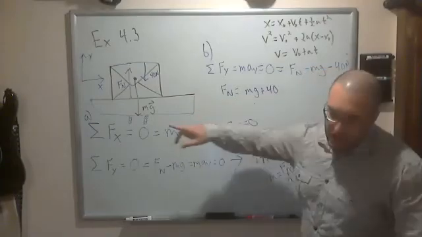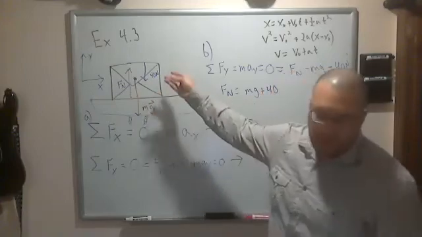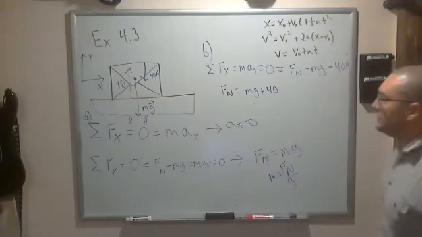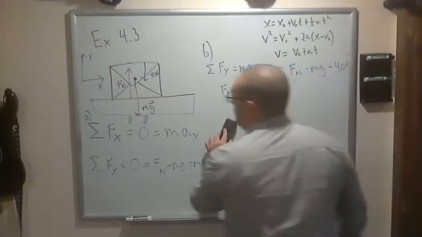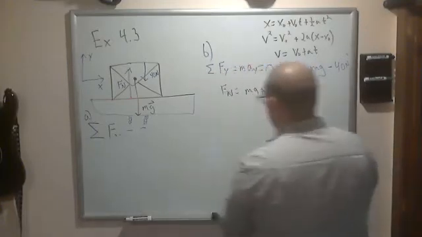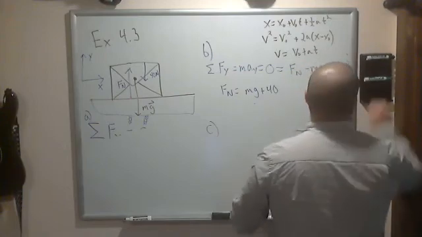Right? Now, in this example, what happens if we lift up the box, right? What happens to this normal force? Well, in this case, for part C, let's erase this. For part C, maybe I'll write it in a different color.